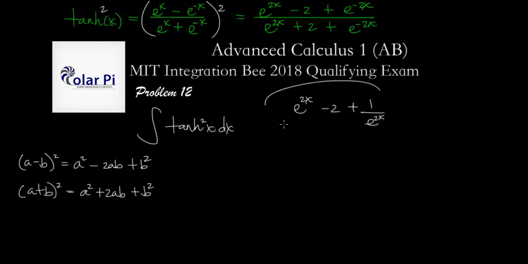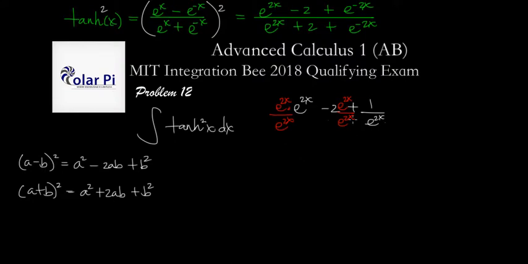Now, to simplify this further, we need common denominators, right? So I have to multiply by e to the 2x over e to the 2x right there, and then e to the 2x. I'm only multiplying by 1, right? Oh, sorry, I saw a reflection. Anyway, you don't need that.